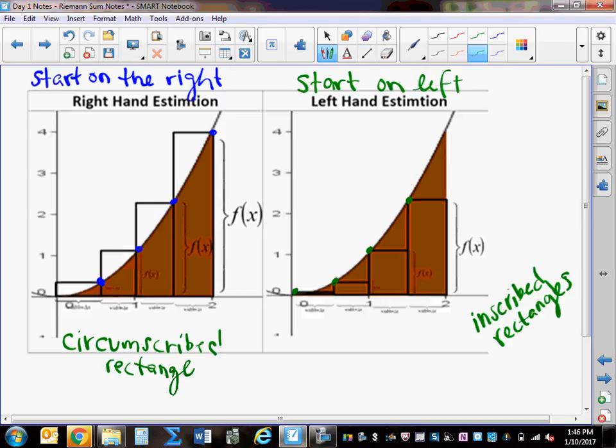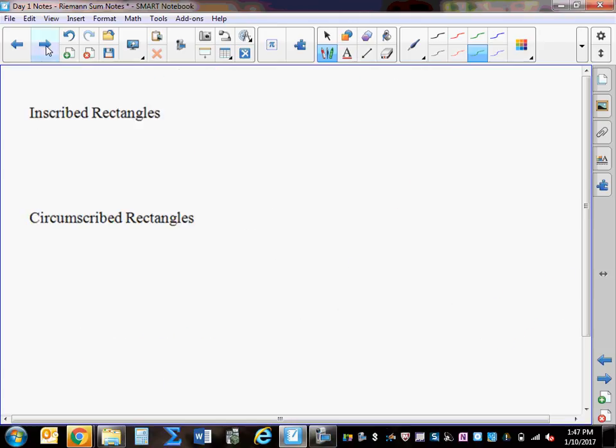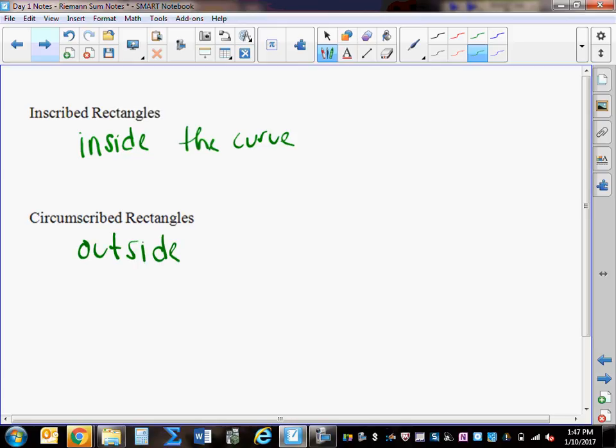If my function would have changed to be a decreasing function, it would result in different things. So our inscribed rectangles, you may remember this from geometry. This means that they are inside the curve. They fall completely underneath the curve. Circumscribed, they go outside of the curve. Part of it falls above the curve.